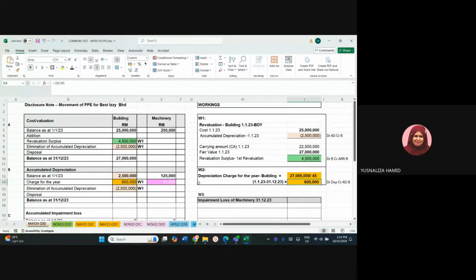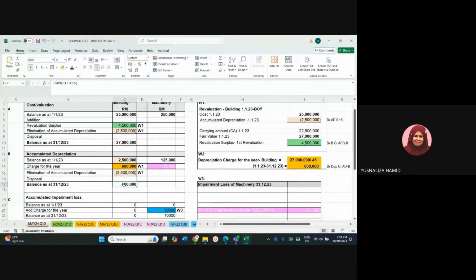So cell I14 will be transferred to cell C14. So when you do that, you have the charge for the year, depreciation expense for the year. There is no disposal for this asset, but if you have disposal, you may have to do that as well. But here, no disposal. So at the end of the year, the accumulated depreciation for that asset is 600,000.